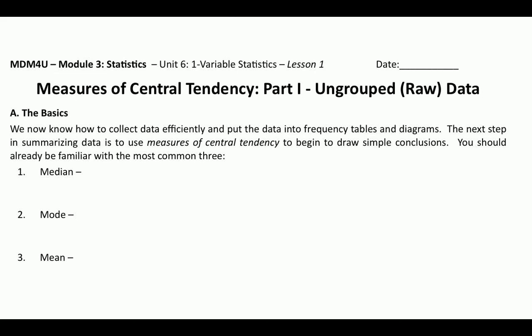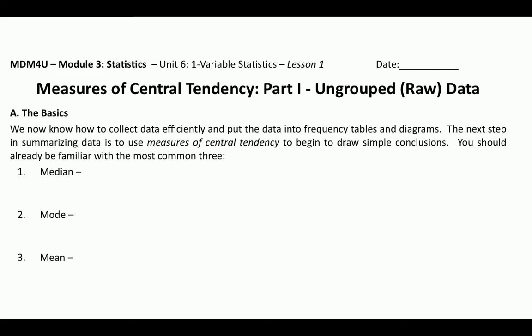In the first two lessons in this unit, we've divided our measures of central tendency into two parts. First, we're going to look at ungrouped, or raw, data and how to measure the median, the mode, and the mean, both by hand and using Excel.